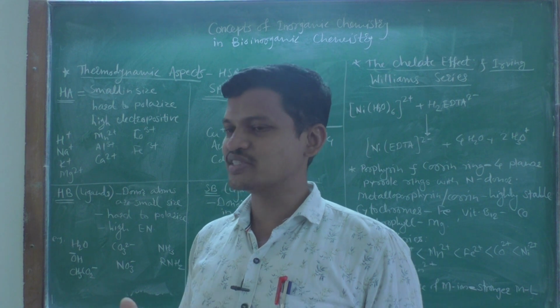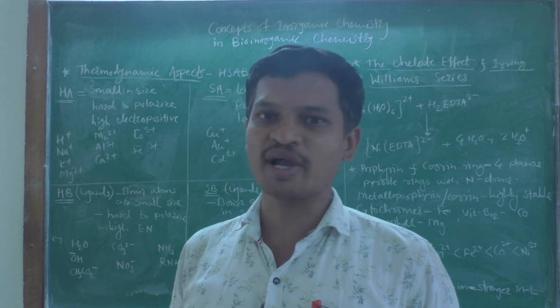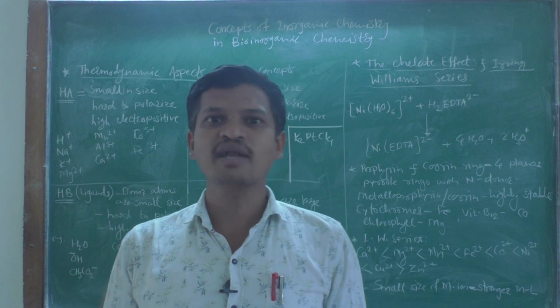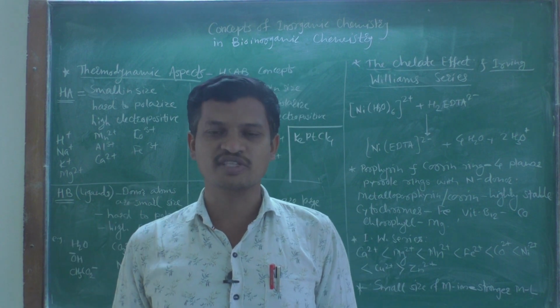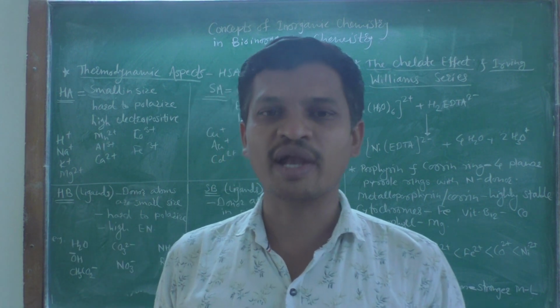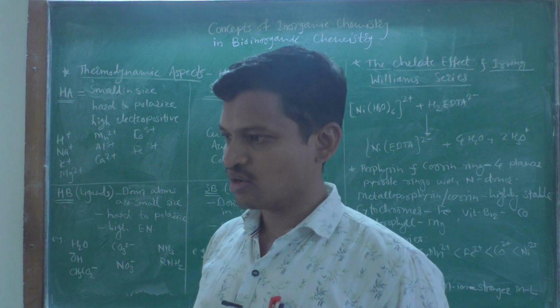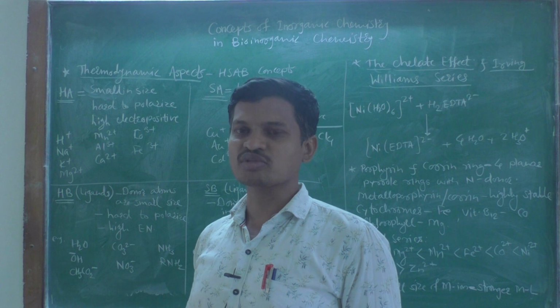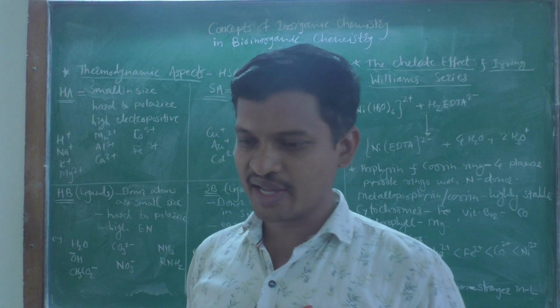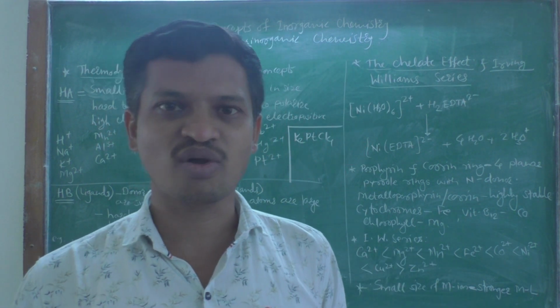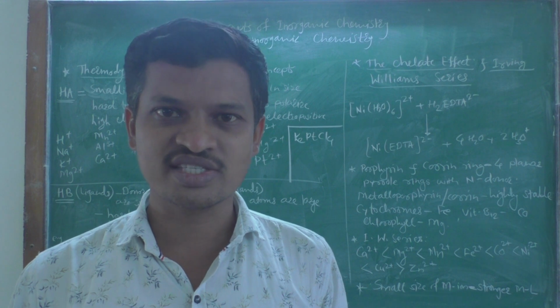And these Lewis bases are further classified into hard Lewis bases and soft Lewis bases on the basis of their binding ability. Further we have to see some basic concepts about this HSAB.